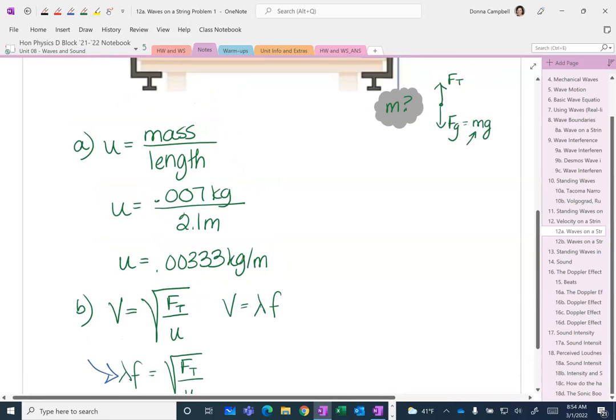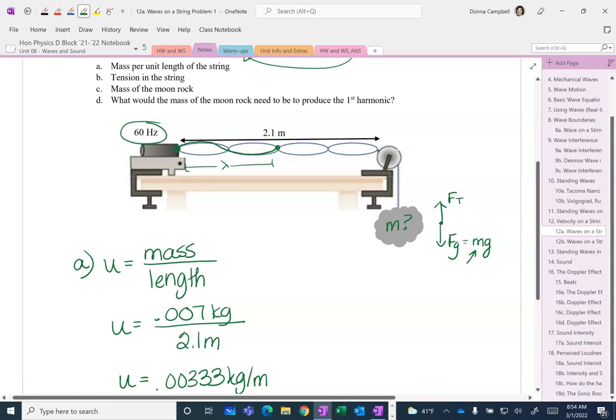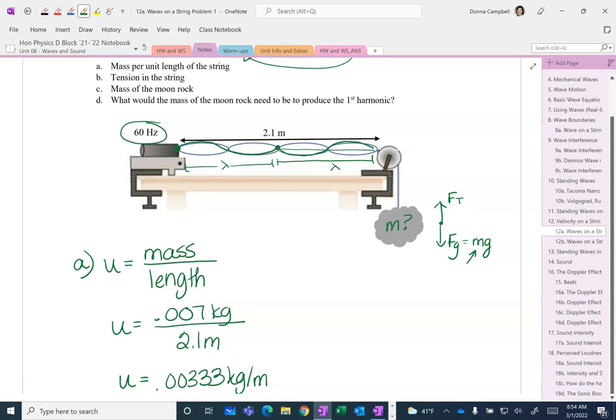Let's look back up here. We've got one wavelength right here, from the start to here, so that's 1 lambda. And then we have a whole another lambda here. So we've got 2 wavelengths here. So we can cut that in half and say we have 1.05 meters per wavelength.